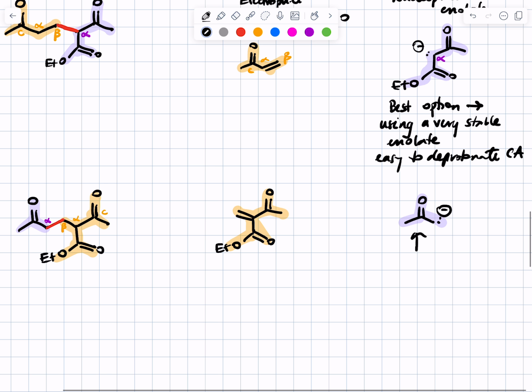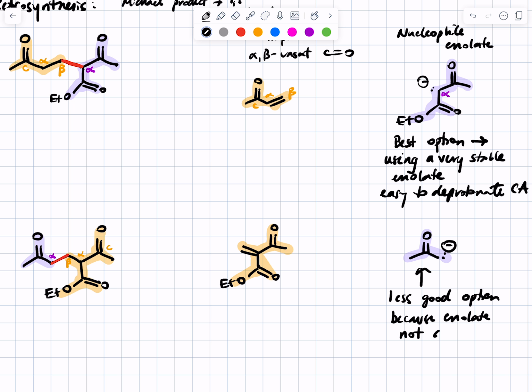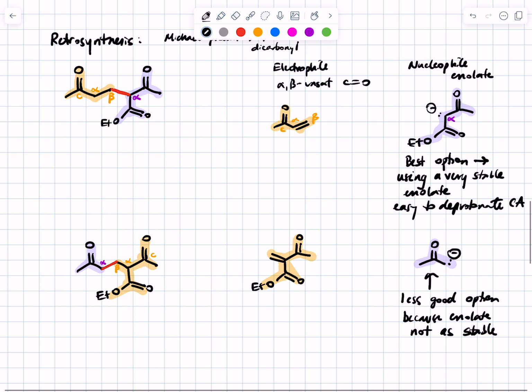In contrast, the one below is a less good option because the enolate is not as stable, and the corresponding conjugate acid is more difficult to deprotonate. So the one on the bottom isn't wrong, but when you're doing problems in the text and you're faced with this situation, if you have a choice, the text will almost always choose the one where you can use the better enolate. Okay. Follow-up questions?